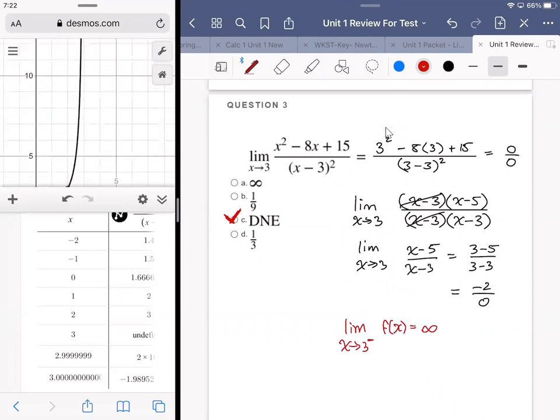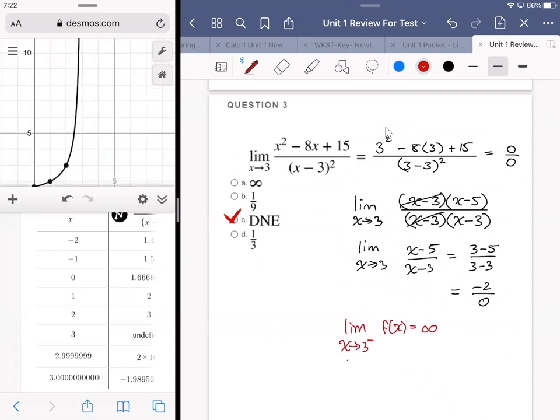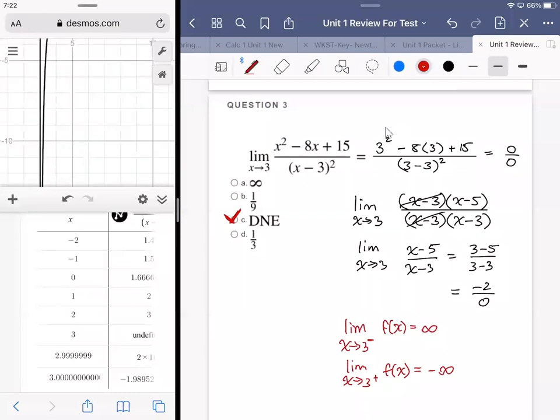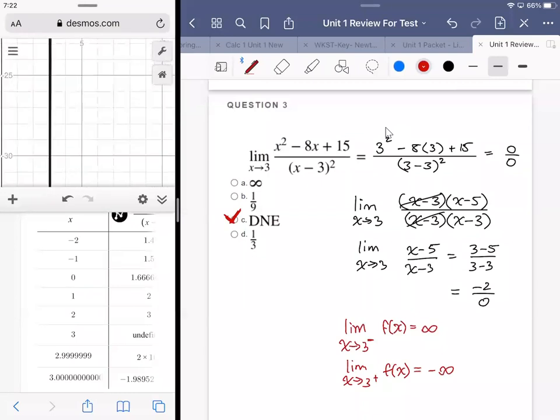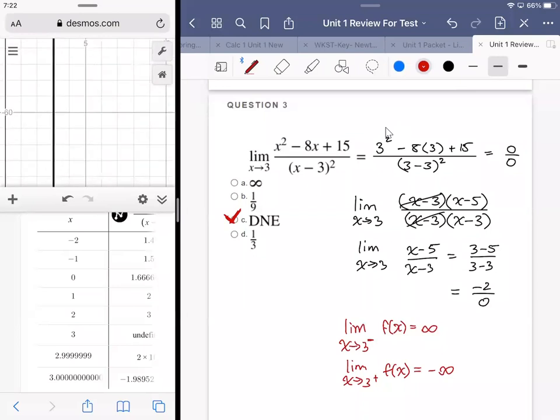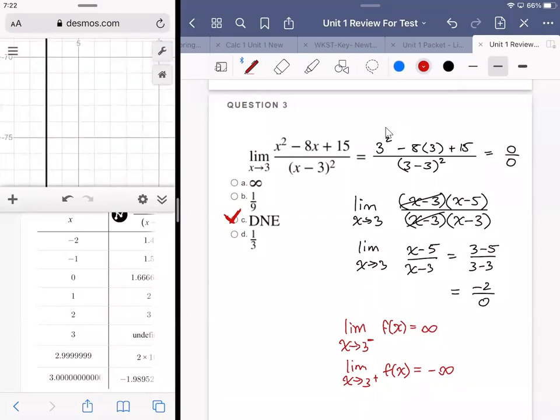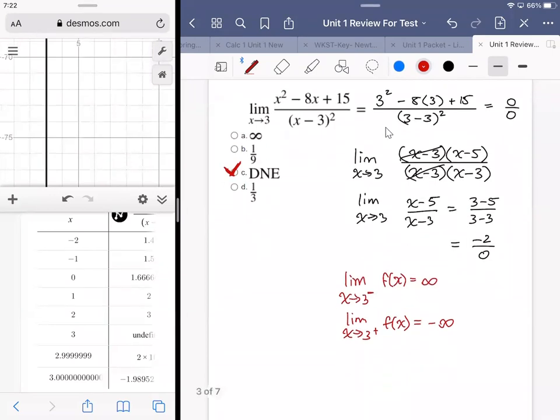The limit as x approaches 3 from the right of f of x is negative infinity. And that's because this piece goes down forever, even though it loops back part of it upon itself. It does go down forever. We would say the limit does not exist. Therefore, the limit as x approaches 3 overall of that given original function is DNE.